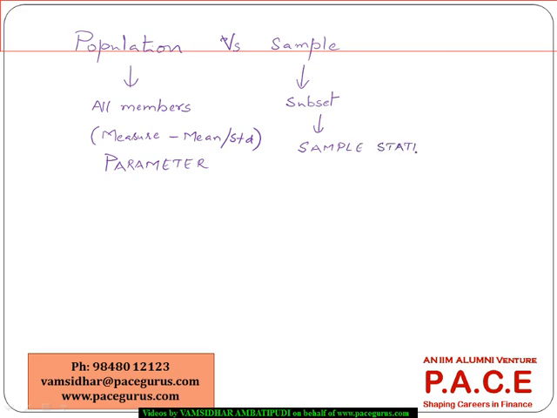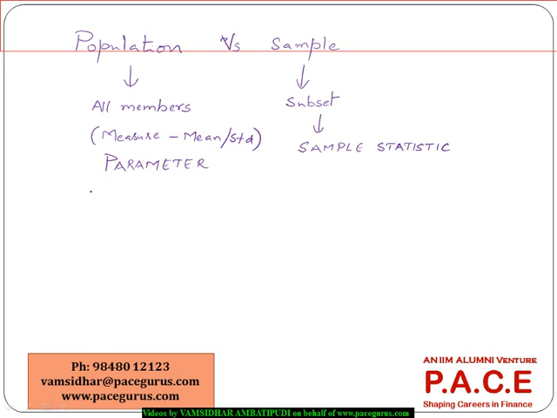Anything that describes the population is a parameter; anything that describes the sample is a sample statistic. Many times we use words like mean, standard deviation, range. If I find them on the entire population data, I call them parameters, and if I find the same on the sample data, I call them sample statistics.